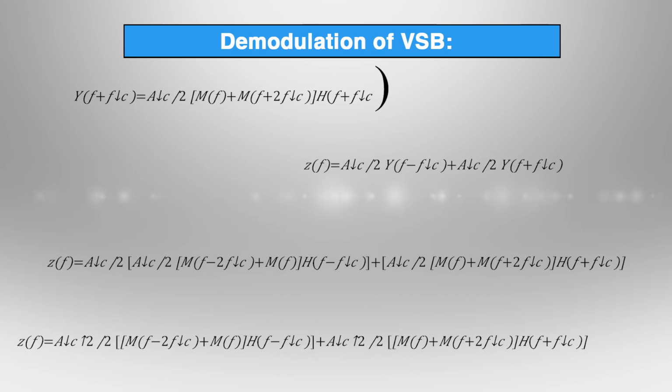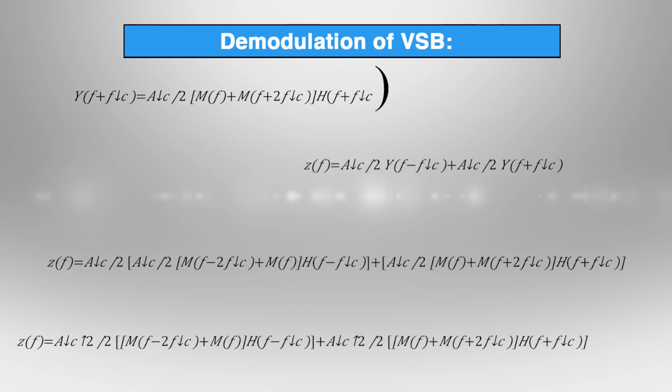Then Z(f) is equal to Ac/2 times Ac/2 into [M(f − 2fc) + M(f)], the whole multiplied by H(f − fc), plus Ac/2 into Ac/2 [M(f) + M(f + 2fc)], the whole multiplied by H(f + fc).